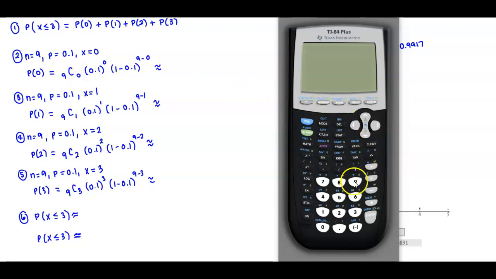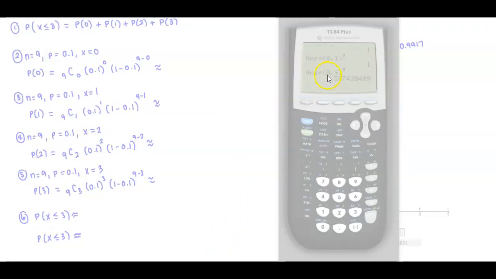We got 9. Okay, math, probability, and then we have 0. Hit enter. That's 1 times 0.1 to the power of 0, which still gives us 1, times, okay, now 1 minus 0.1 is 0.9, and that's to the power of 9. So we get the following number. So I'm going to copy this from the calculator here.